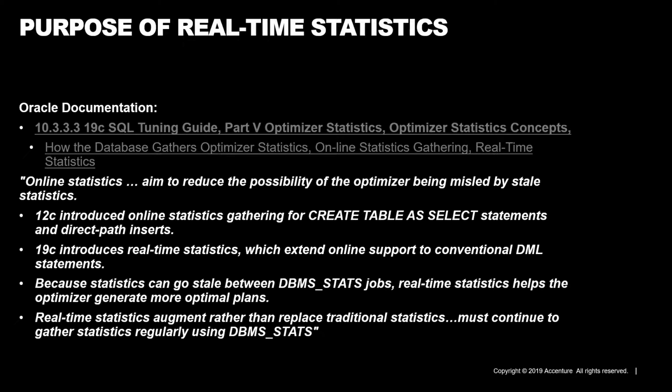They recognize this is to plug the gap in the latency between the application changing the data and the statistics changing to reflect that. It's important to note that real-time statistics augment the statistics that are already there. So you have to continue gathering conventional statistics in the first place before you get real-time statistics.